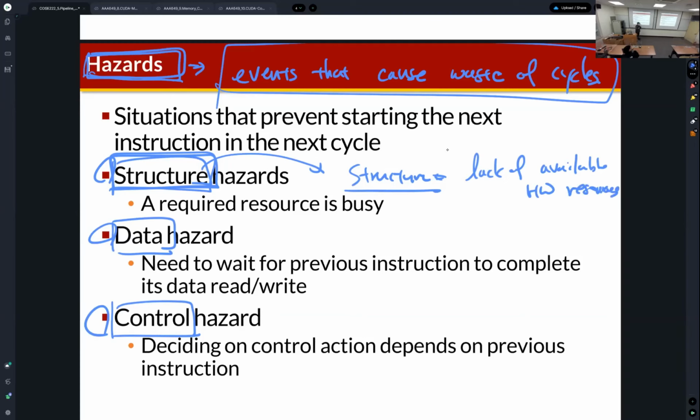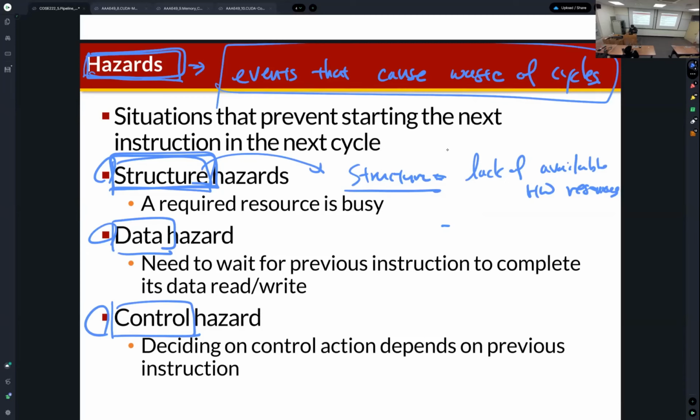Hardware has limited resources, like the ports of the register file. If these hardware resources are occupied by one instruction, then another instruction cannot use that hardware, because hardware resources are limited. So structure hazards are caused by limited hardware resources.